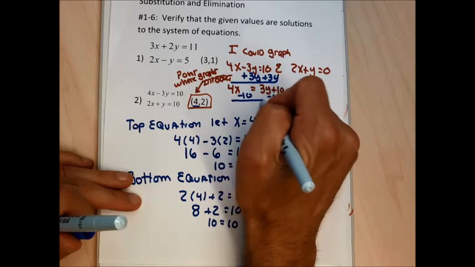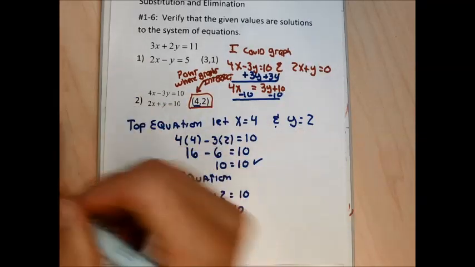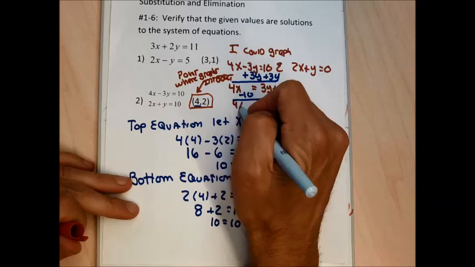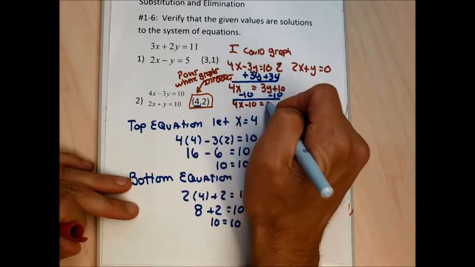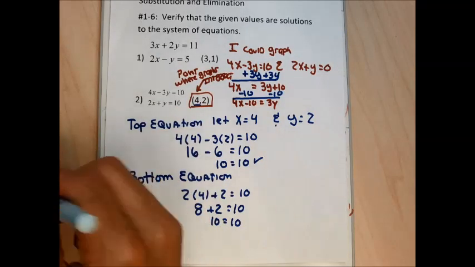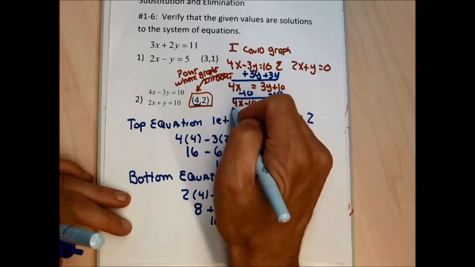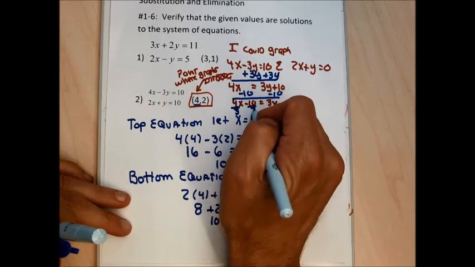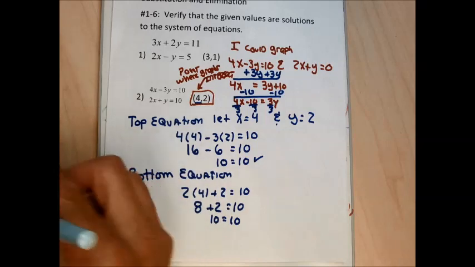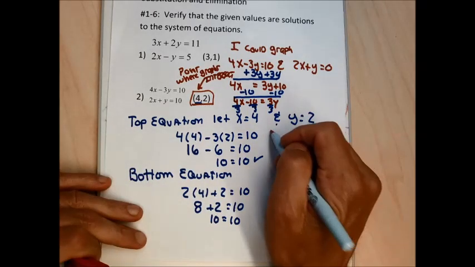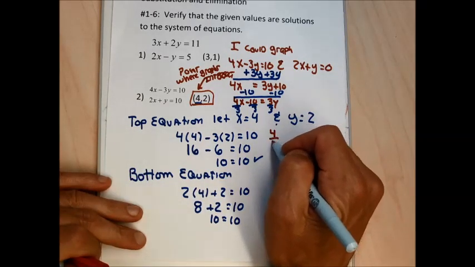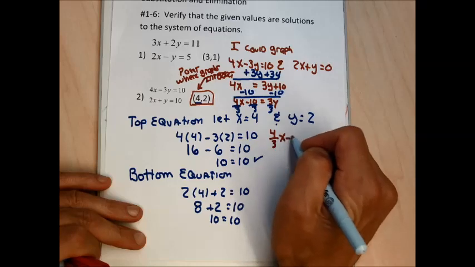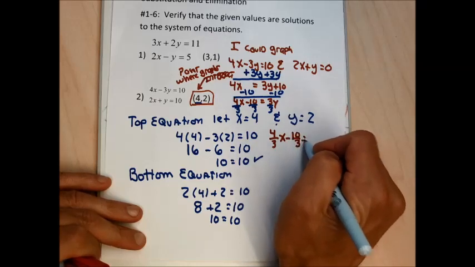The reason I added 3y is I like the positive y. This gives me 4x minus 10 equals 3y. And then I'm going to divide everything by 3, which gives me 4 thirds x minus 10 thirds equal to y.